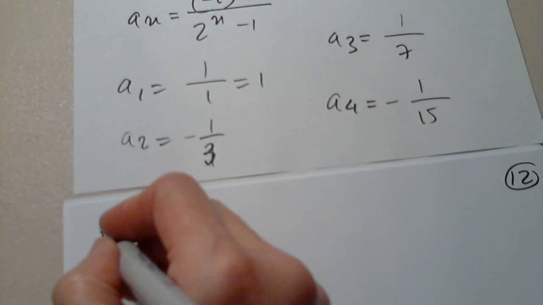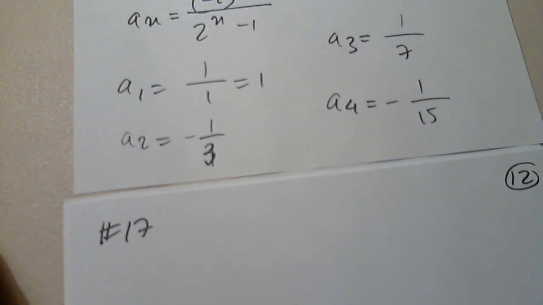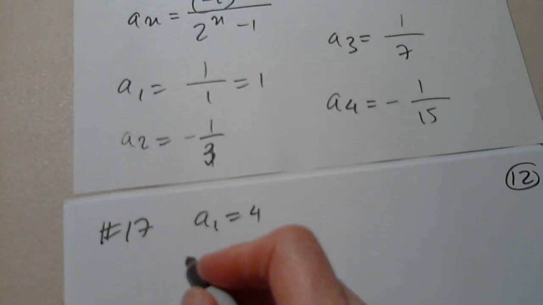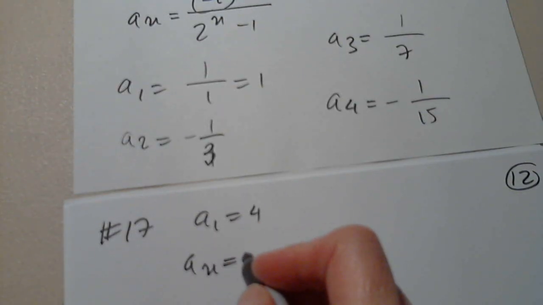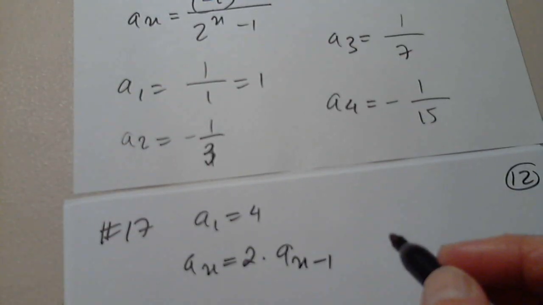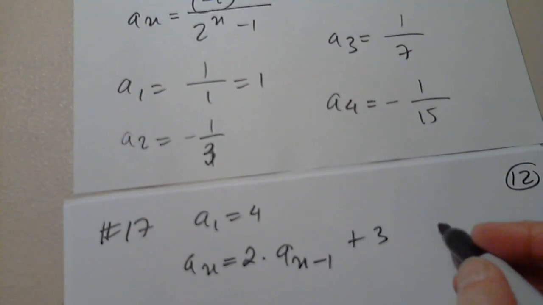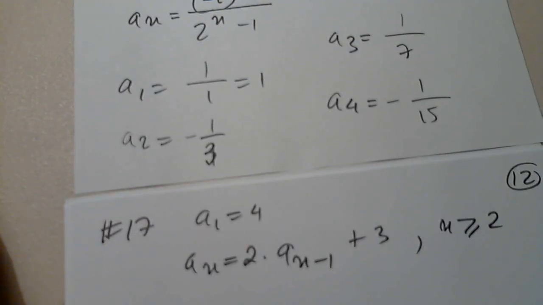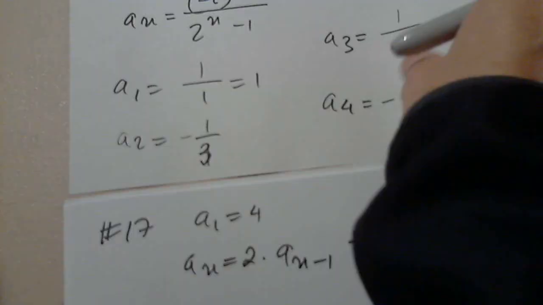And 17. So a1 is 4, and a sub n equals 2 a sub n minus 1 plus 3, for n greater than or equal to 2, because we already have a sub 1.